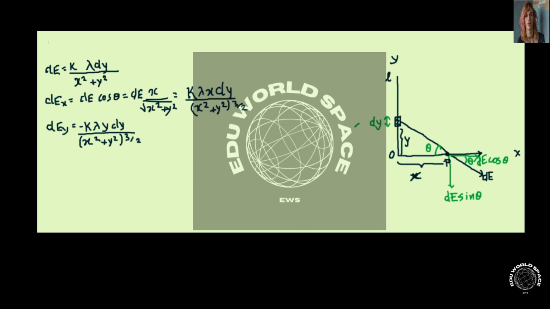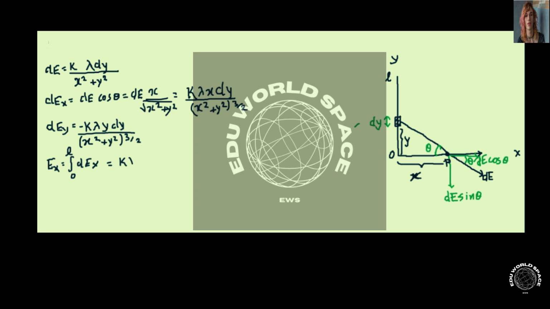All right, so the total electric field along the x-axis, Ex, is the integration of dEx over the whole length of the wire, 0 to L, right? So this becomes k lambda x, which are independent of y, so I can take them out.